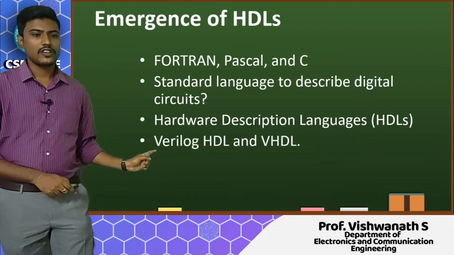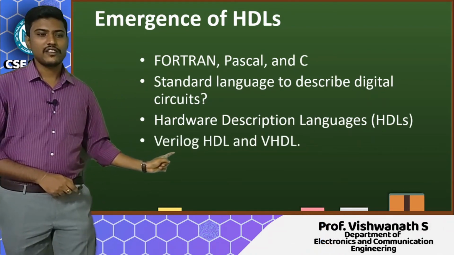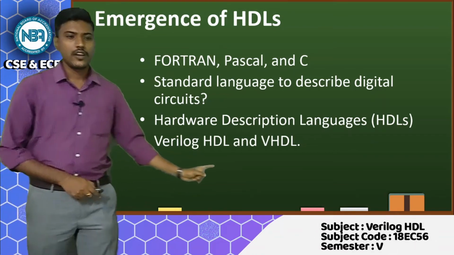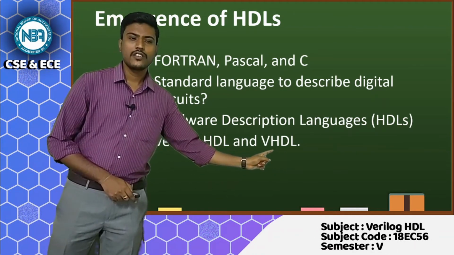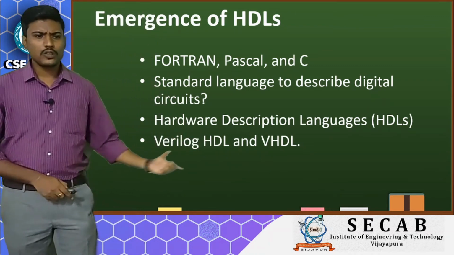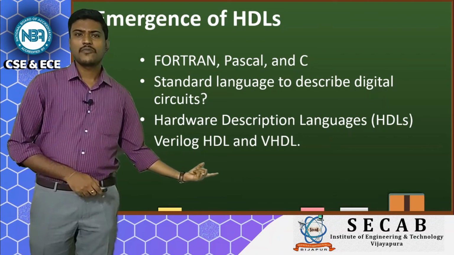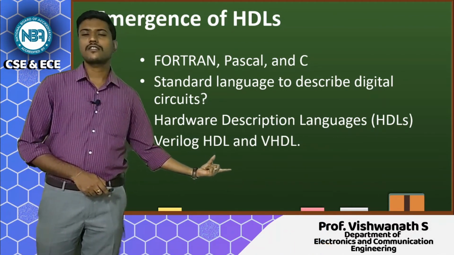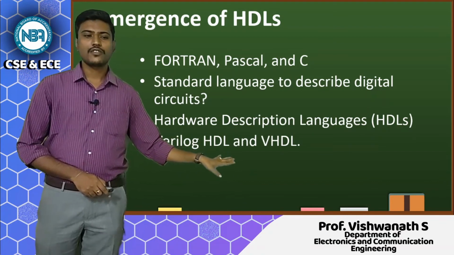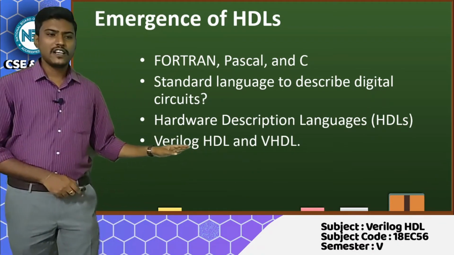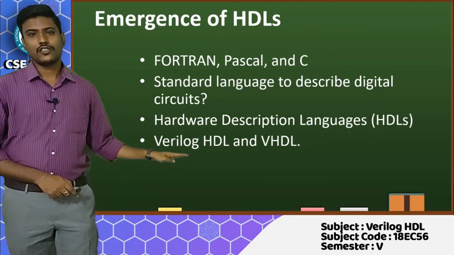One is Verilog HDL, which you are going to study in this particular course, and one more is VHDL. Both the programming languages are similar, but there are some syntaxes which differ between Verilog HDL and VHDL. But most widely used is Verilog HDL.